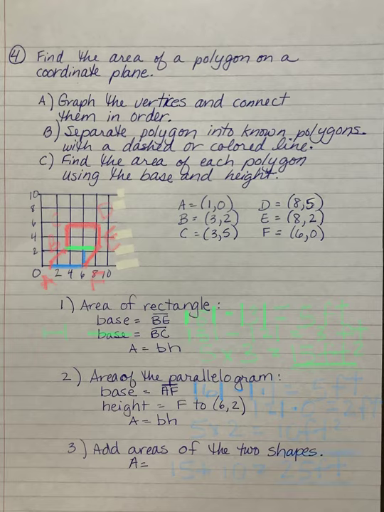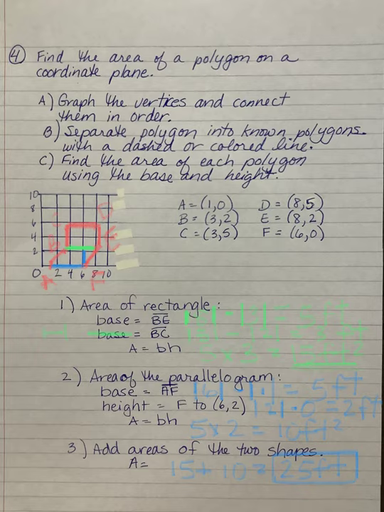So just to recap, because I know that was kind of complicated, what I did is I plotted the points, I connected them in order, then I broke the shape into known polygons, a rectangle and a parallelogram. I used the area of the rectangle, base times height, so I took the length of the base times the length of the height, and I got that area.